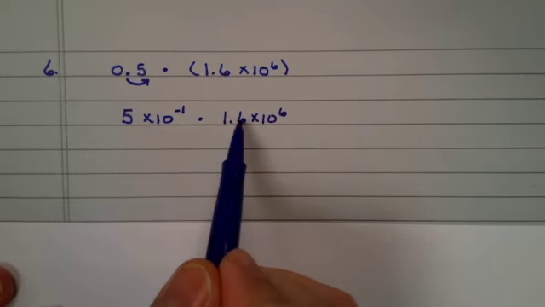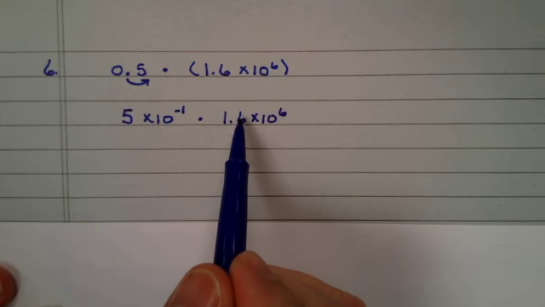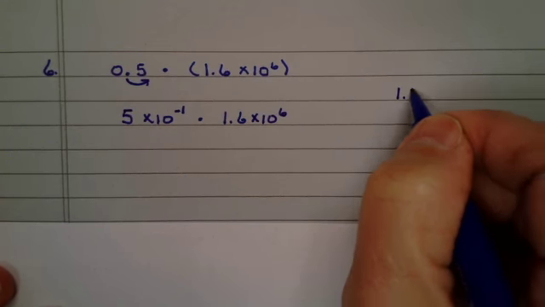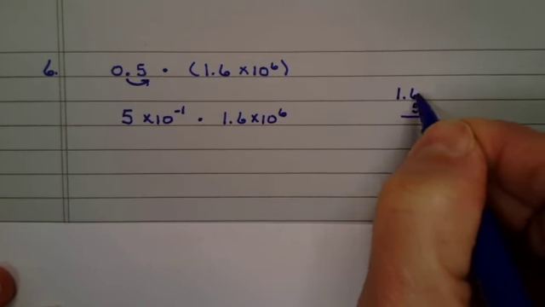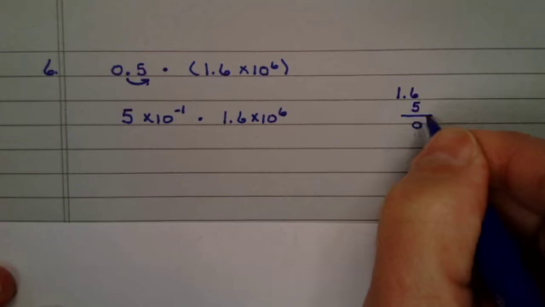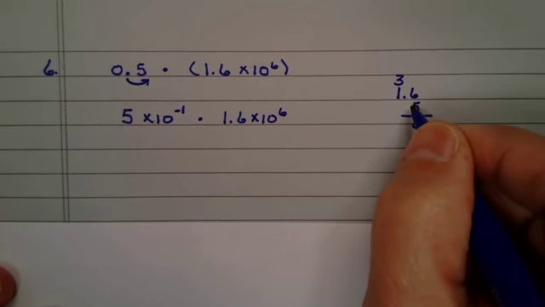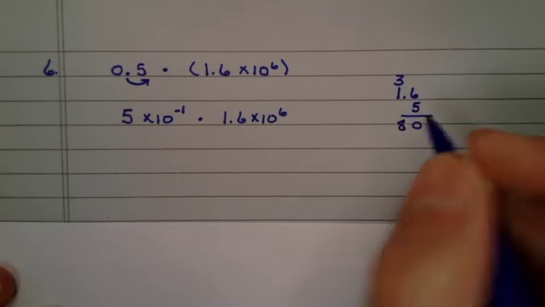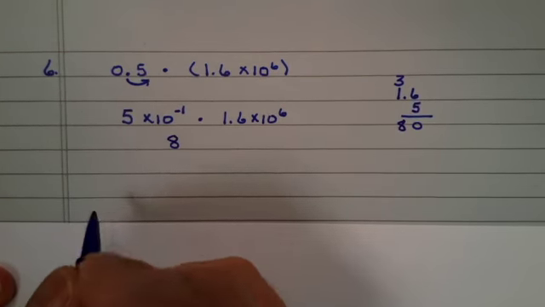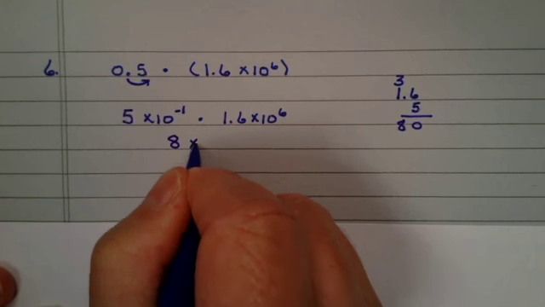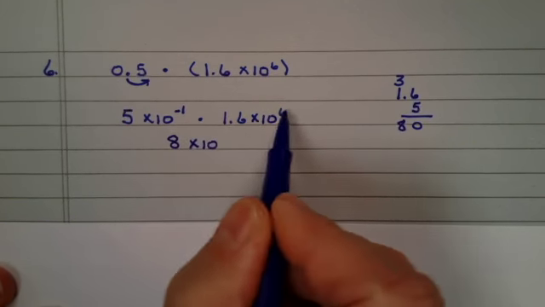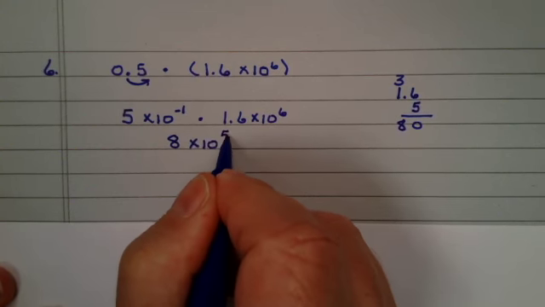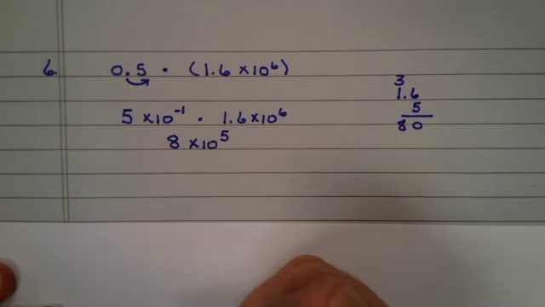Now I simply multiply these numbers together right here. 5 times 1.6. 1.6 times 5. 6 times 5, 30. 5 times 1, 5 plus 3 is 8. So 8 is going to be my coefficient times 10. When I multiply, I add my exponents. Negative 1 and 6 give me 5.